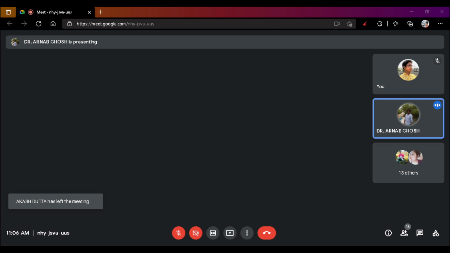If this is your characteristic equation, then what is s? s equals minus b plus minus root over b square minus 4ac by 2a, that is equal to minus R by L plus minus root over R square by L square minus 4 into 1 into 1 by LC, all by 2.